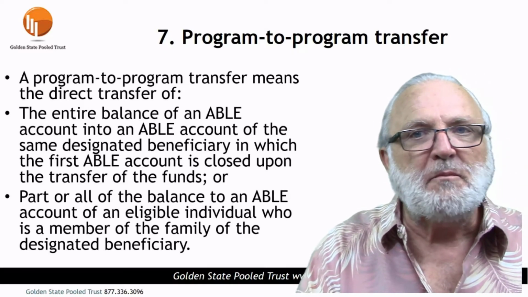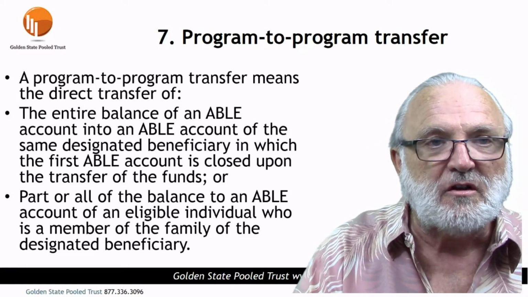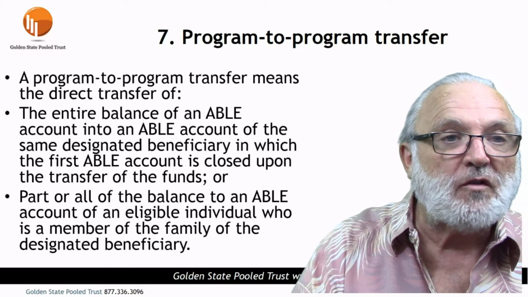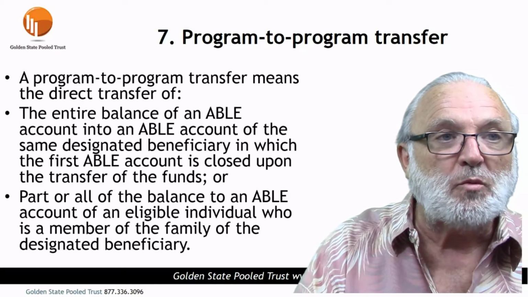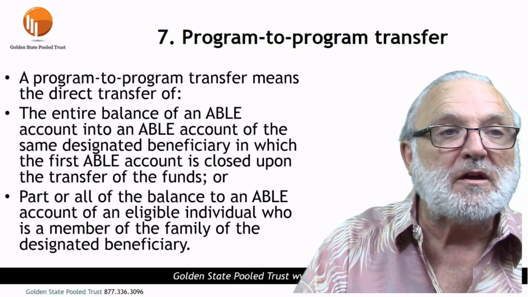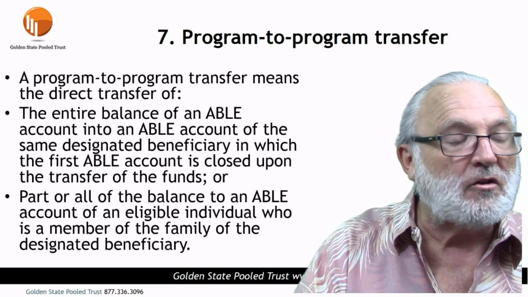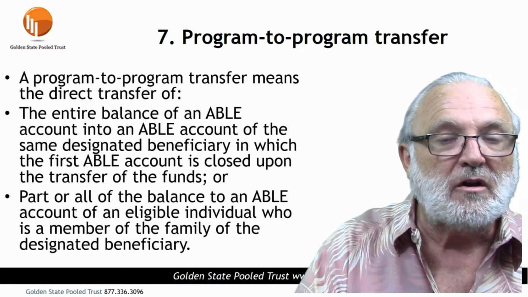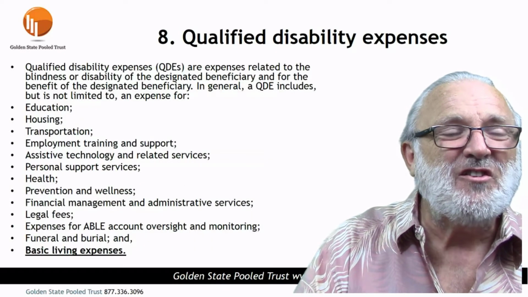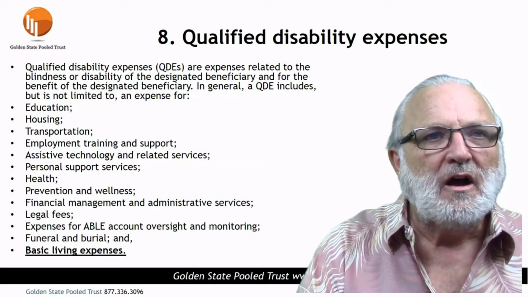Now, where this would come in is, let's say you opened up an account in Ohio, for instance, and when California has its program up and running, you wanted to transfer your account to California. That would be a program-to-program transfer, and as long as the entire thing is transferred, that is permissible without interfering with your benefits.